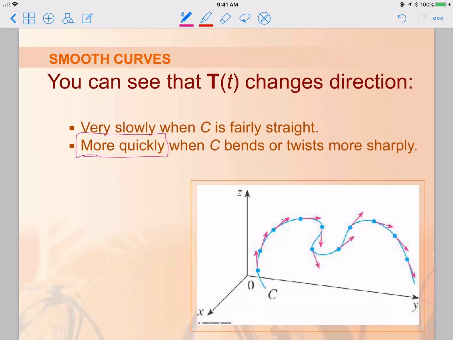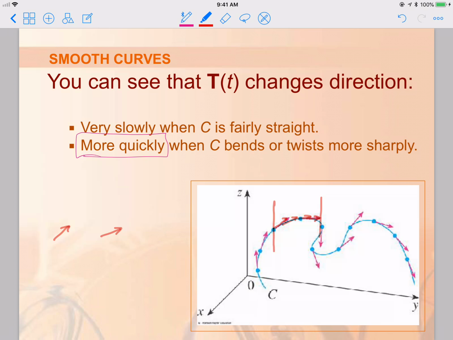Now, do you get an idea of when we say more quickly? Think about how much change occurs from, say, this spot to here. The tangent vector is changing very little. Does that make sense? Overall, you went from here to here, not that big of a deal.